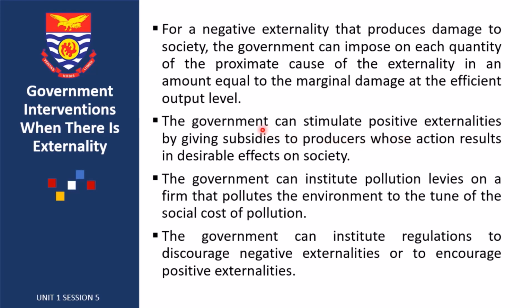So the government can impose on these producers of such goods that have negative externality some amount which will be equal to the damage that they are causing in the environment. For positive externalities, the government can give subsidies to the producers whose action results in a desirable impact on the society. The government can also institute pollution levies on a firm that pollutes the environment to the tune of the social cost of pollution.